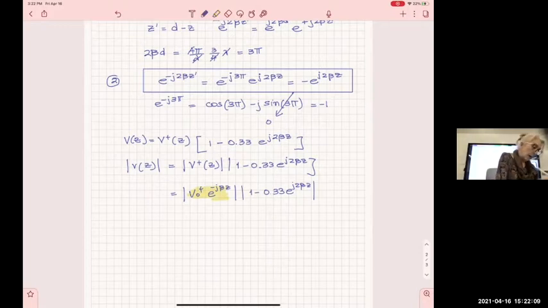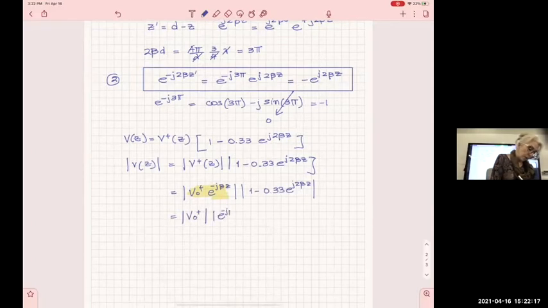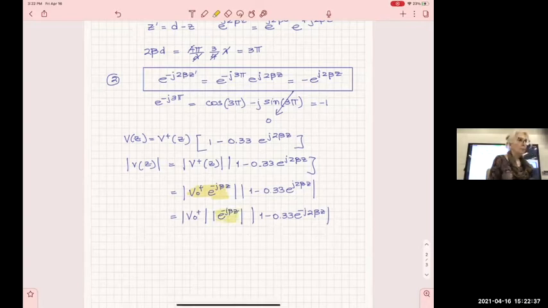And so I can rewrite this as the magnitude of V plus, times the magnitude of e to the minus j beta z. How much is that? Let's think again. The magnitude of the second term? Yes. Magnitude of 1. The magnitude of the exponential of j beta z is 1.